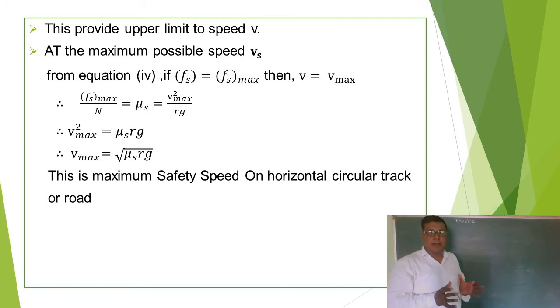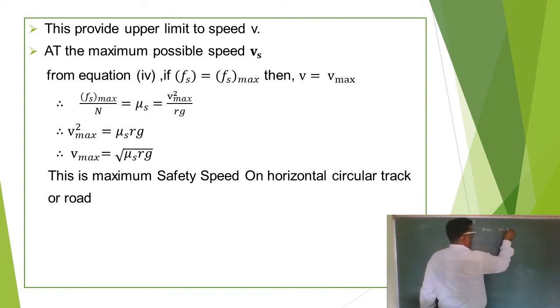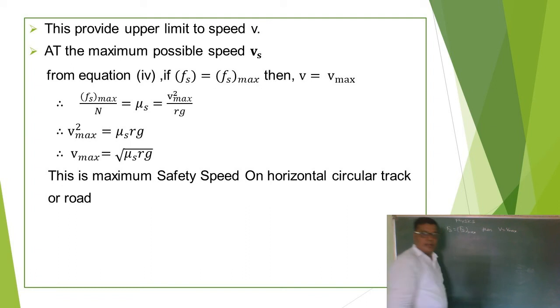Now this provides the upper limit to the speed v. At the maximum possible speed, from equation 4, if Fs is equal to Fs maximum, then v equals v max.